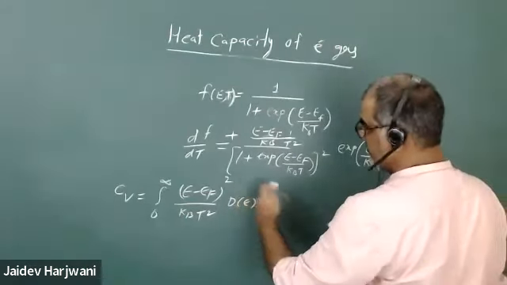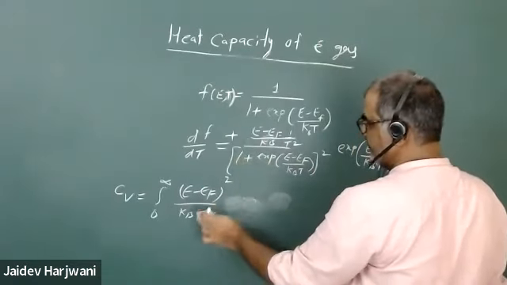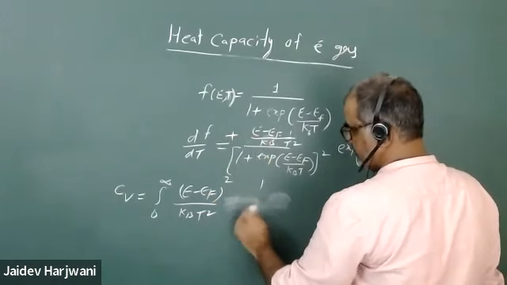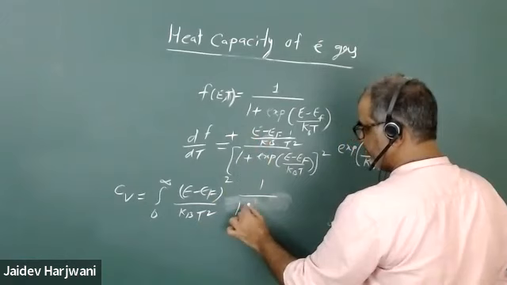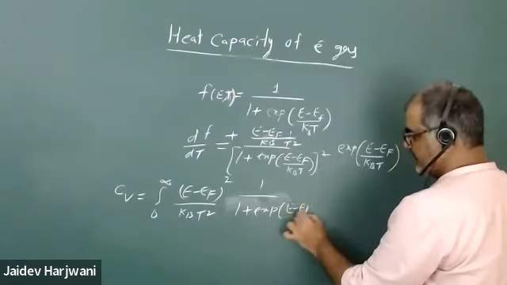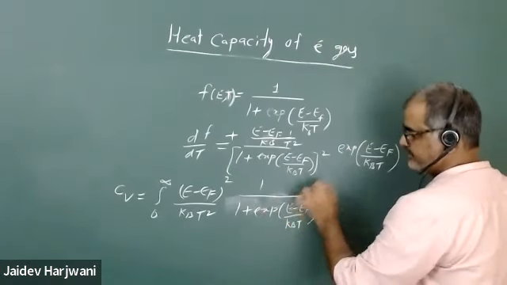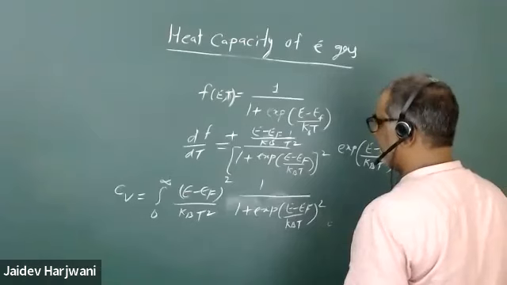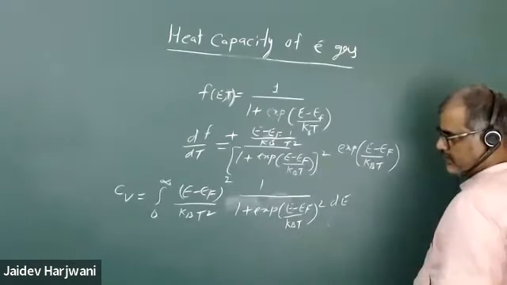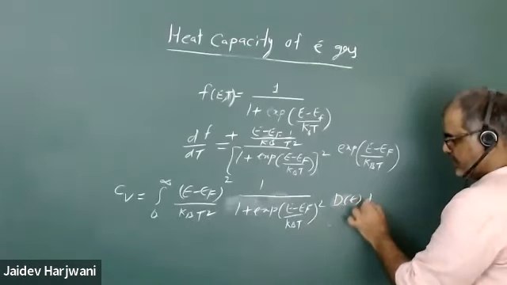This full expression I have to write: this k_B T square is there, and we have 1 upon 1 plus exponential (E minus E_F) upon k_B T, whole square, and the density of states function D.